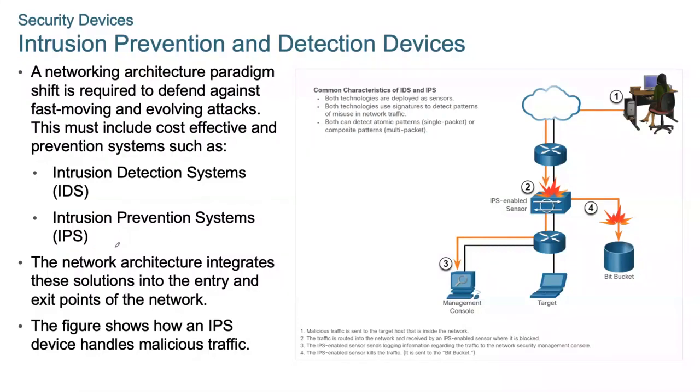So when the network architecture integrates these intrusion prevention and intrusion detection solutions into the entry and exit points of your network, let us consider this network. What is the entry point and what is the exit point of this network? In this small network, let me give the name of this system, the management system.